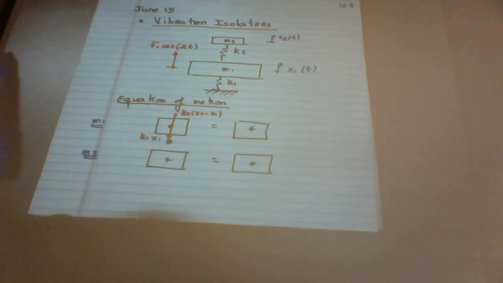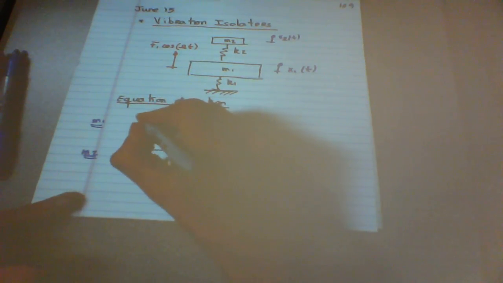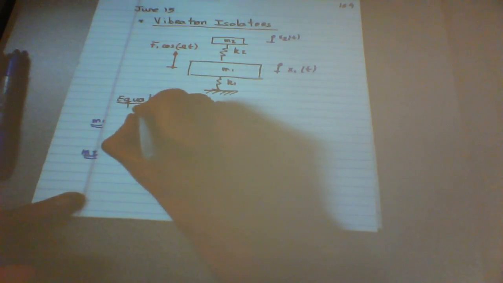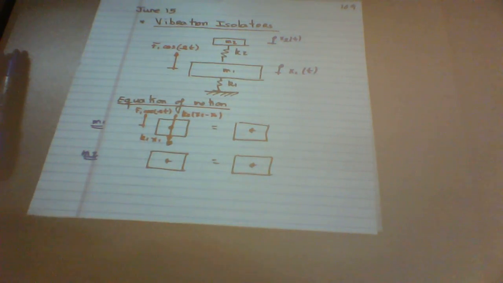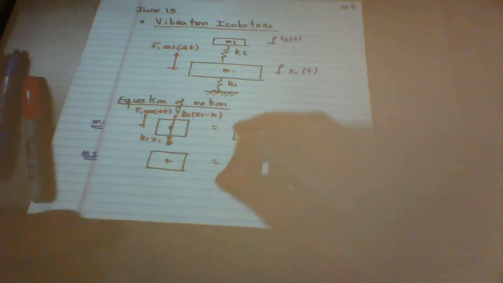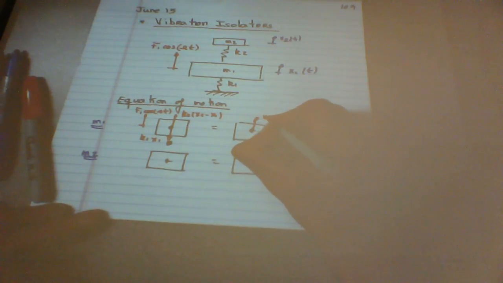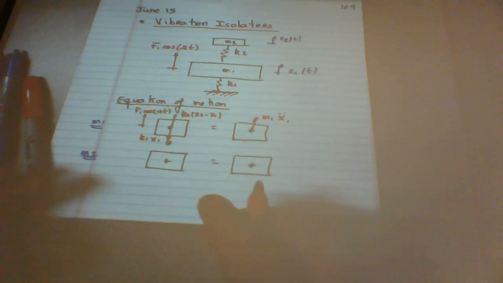And let's not forget that M1 is also subjected to the force F1 cosine omega t. And this will have a motion M1 X1 double dot.